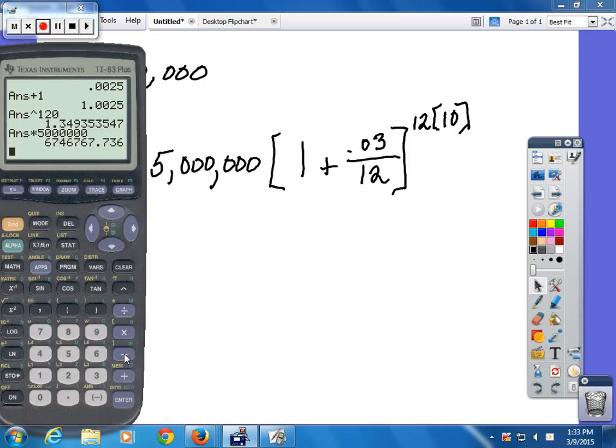Minus 5 million. So in 10 years you've made that amount, which comes out to be per year divided by 10. How many of you could live off 174,000 a year?